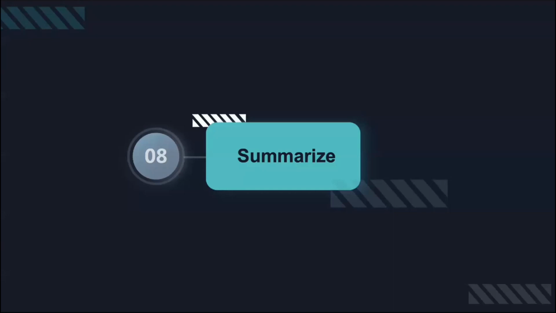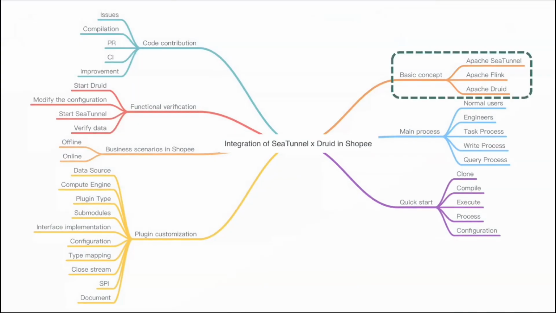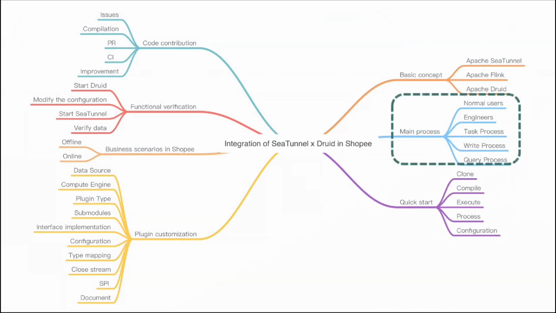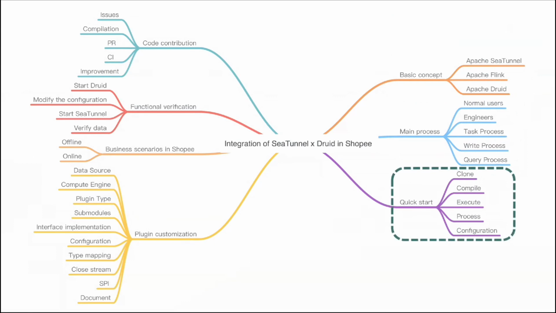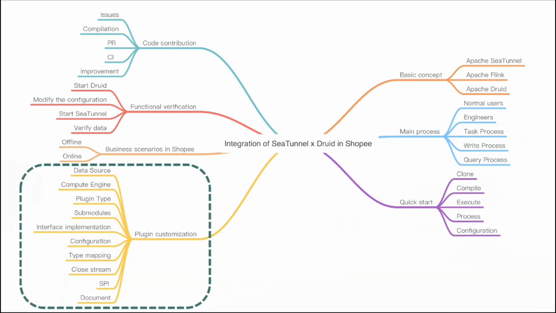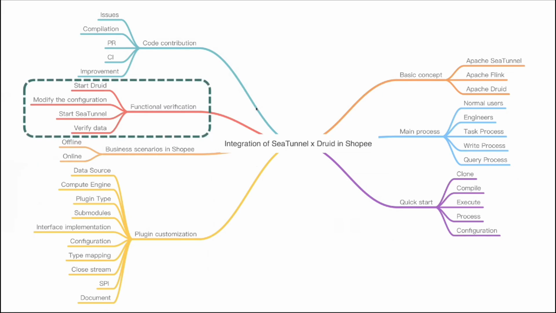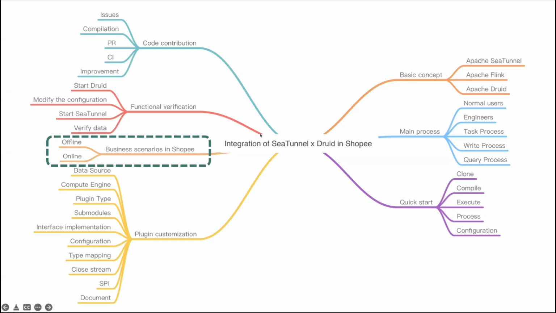Well, finally, let's make a summary. In this sharing, we learned some basic concepts about SeaTunnel, Flink, and Druid, and we mastered the main processes. Now we are familiar with the quick start of SeaTunnel and how to customize the SeaTunnel connector by ourselves.